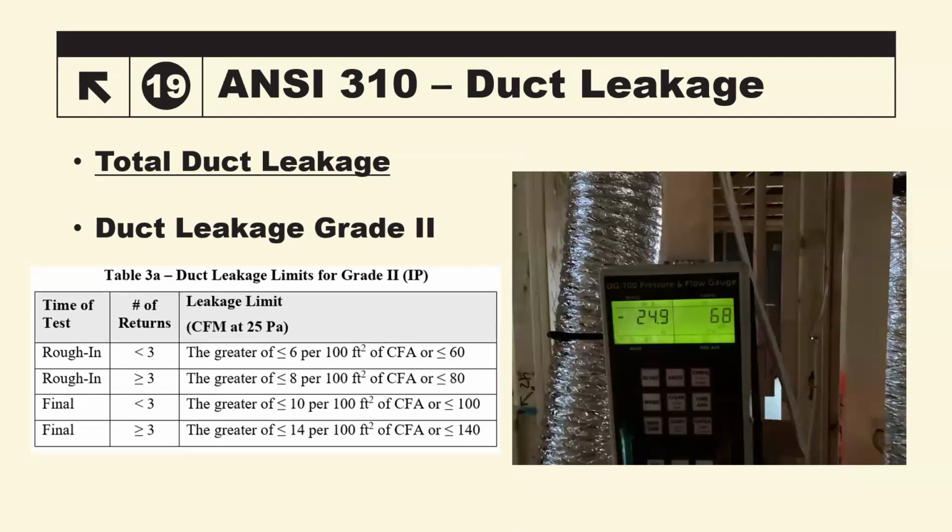And then with Grade 2, we can see the limits actually vary depending on when the test is done, again, rough or final. I'm not going to go through all of that, but it raises those scores. And as Connor just said a second ago, that's where it can get a little tricky: they're following this standard because they're doing Energy Star plus HVAC grading, and it gives them more leniency on duct leakage, but it's not really adhering to that code requirement of 4 CFM per 100 square feet.